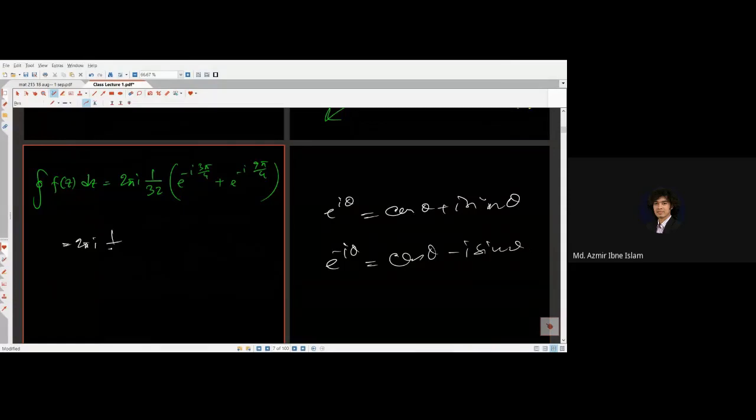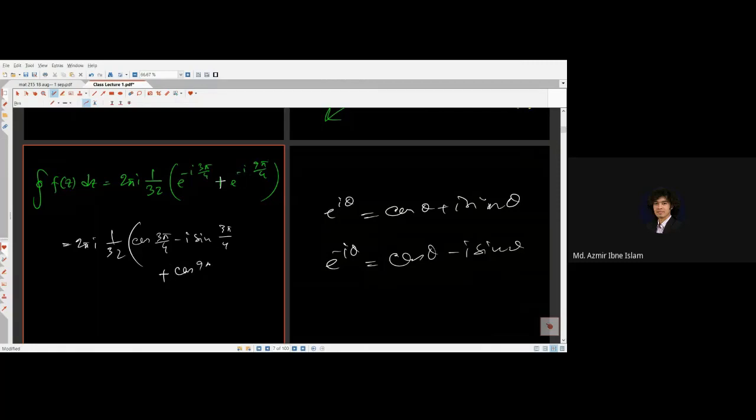2 pi I 1 over 32 times e to the power negative I 3 pi by 4, so it will be cosine 3 pi by 4 minus I sine 3 pi by 4, plus e to the power negative I 9 pi by 4, so again cosine 9 pi by 4 minus I sine 9 pi by 4.